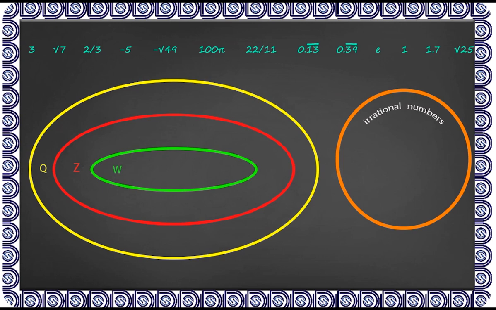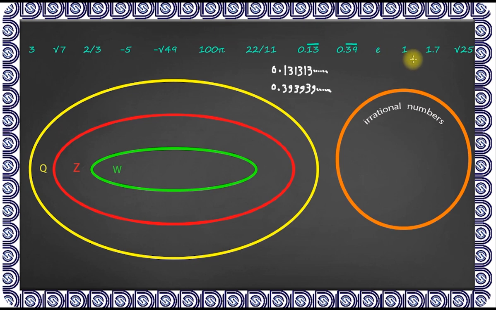The numbers are 3, the square root of 7, 2 over 3, negative 5, negative the square root of 49, 100 pi, 22 over 11, 0.13 repeating like this: 0.131313, which repeats forever, and 0.39 repeating: 0.393939, which repeats forever.